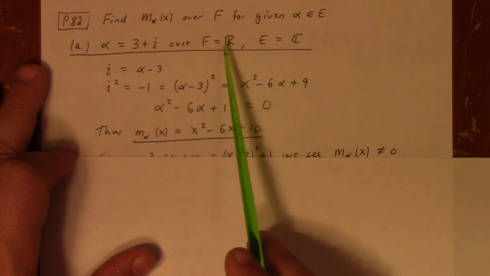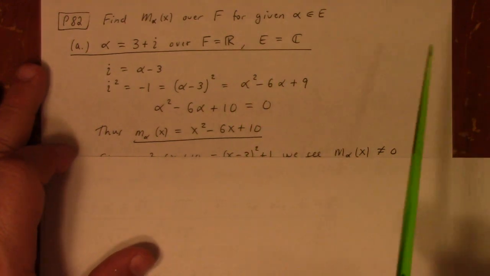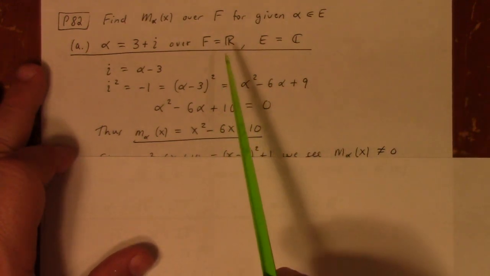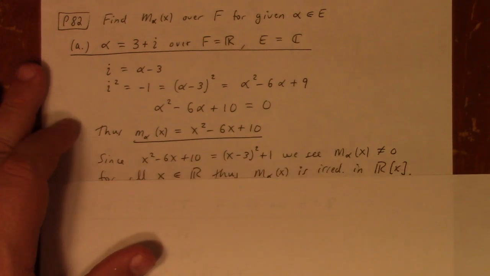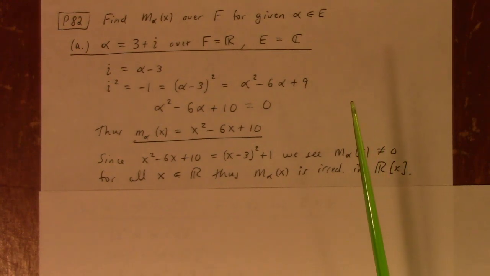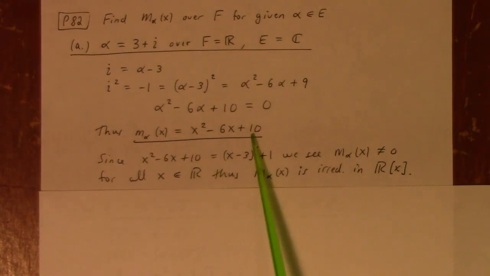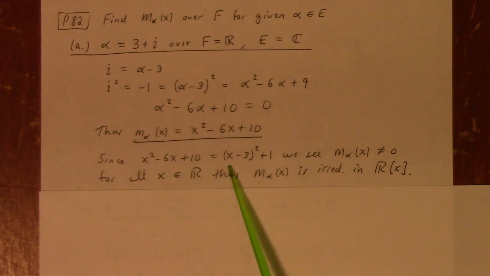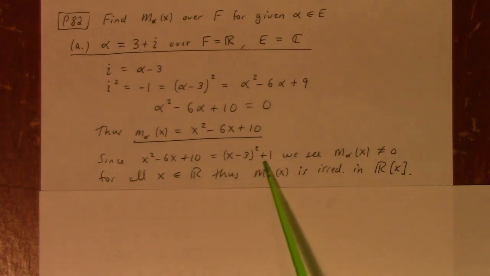Now we're working over the base field of R, and the question is this quadratic irreducible over R? Well, it's a quadratic, right? So if it has a 0, it's not irreducible. If it doesn't have a 0, it is irreducible. Is there a 0 of this quadratic in R? Well, no, there's not. Complete the square, and you can see that there is no real 0 to this quadratic, right?